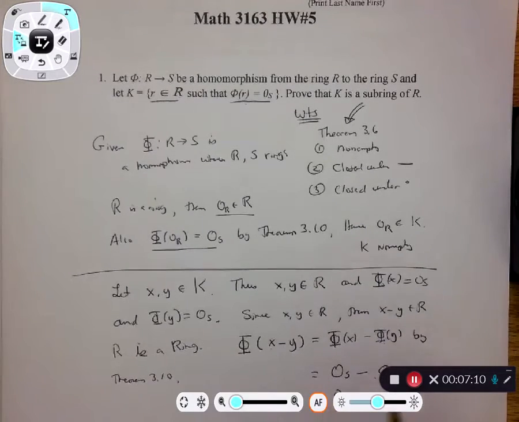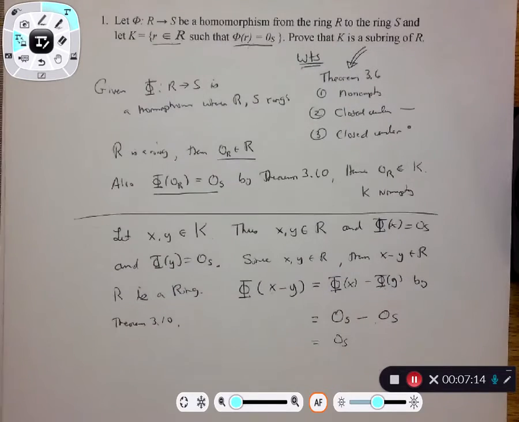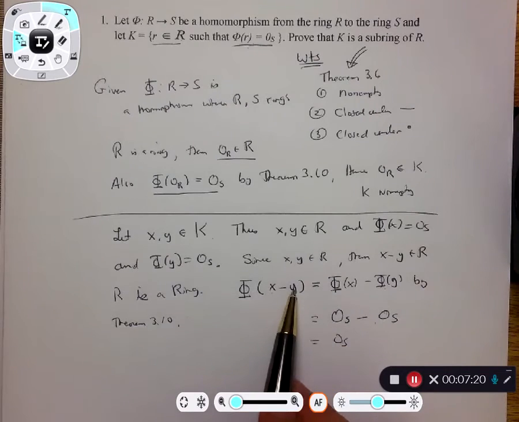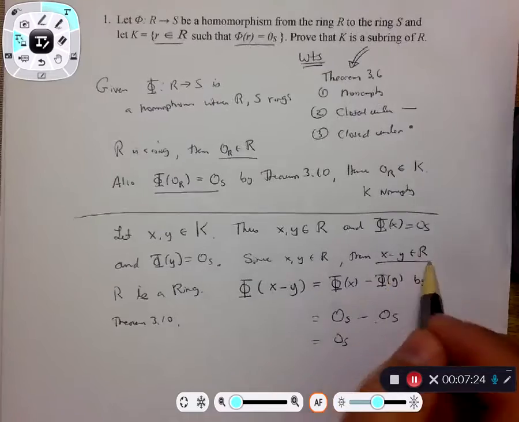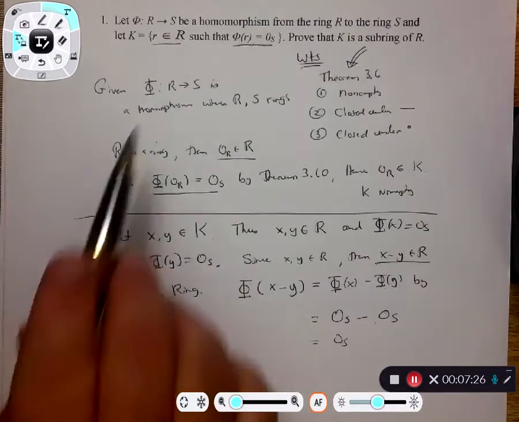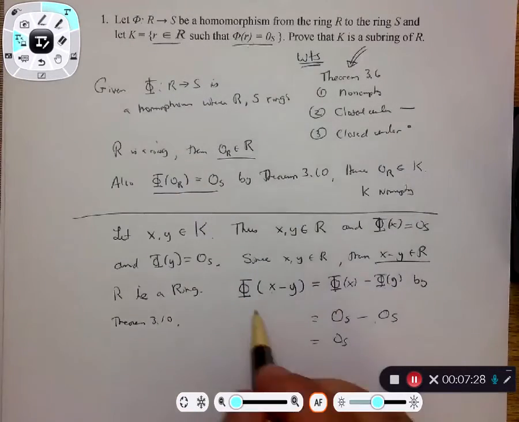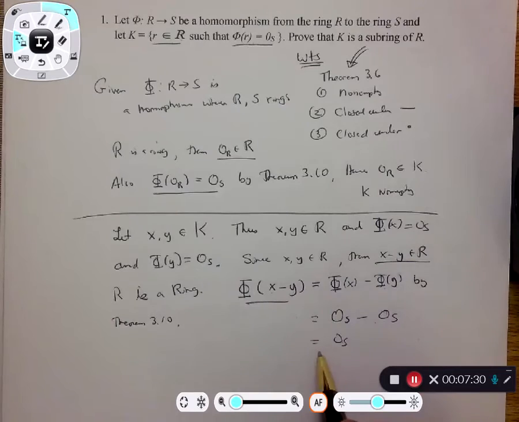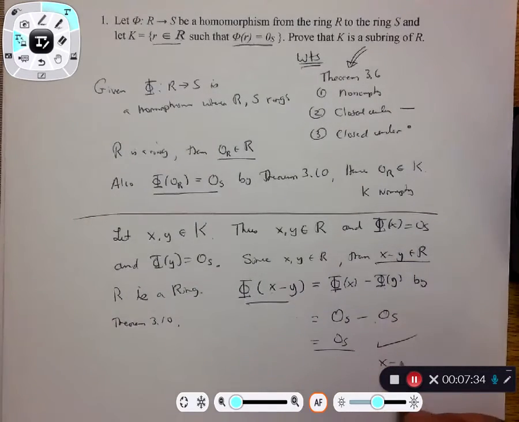And in S, 0 minus 0 is pretty much 0 there. So you got 0. That's going to put x minus y inside of K. Because why? x minus y is in R. Check. Phi of x minus y is equal to 0 in S. Check. x minus y is in K.